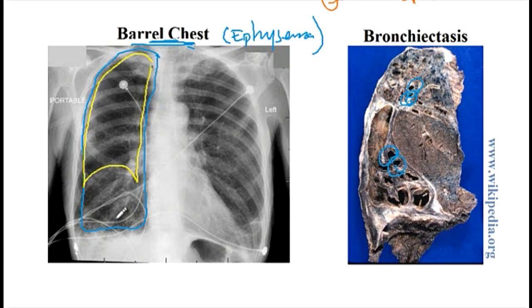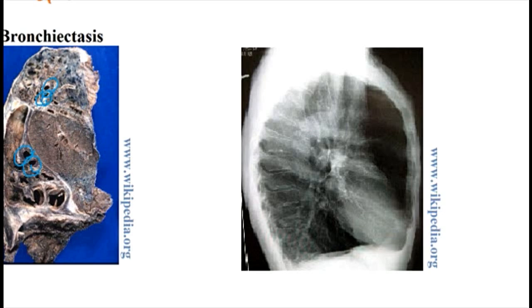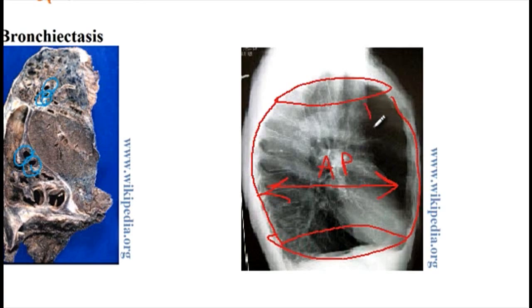So in this frontal view, you can see that there is flattening of the diaphragm and increased air spaces in these patients, but the barrel chest actually becomes more evident when you look at the lateral x-ray. So here is an example of a lateral x-ray. So you can see that the anterior-posterior diameter is actually increased in these patients. And if you draw a barrel here, you can see that the chest has actually the shape of a barrel.